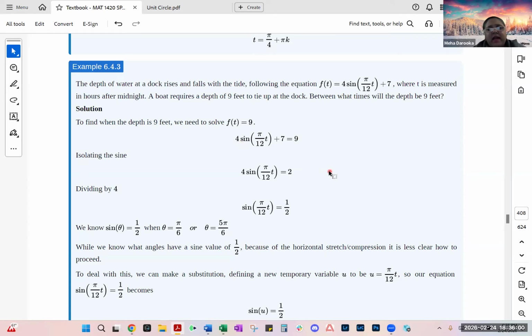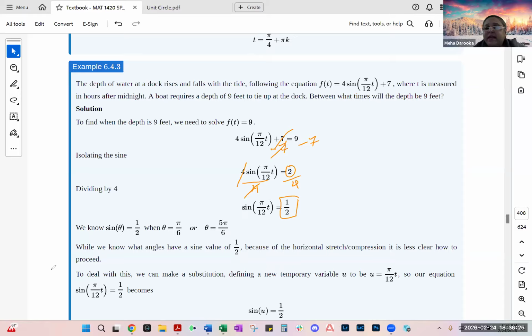We started out by subtracting the 7 first, which gave us the 2. And then, of course, we divide both sides by 4 so we can get the sine function by itself. And 2 divided by 4 gives us 1/2. So now we've got sine of pi over 12 t equal to 1/2.